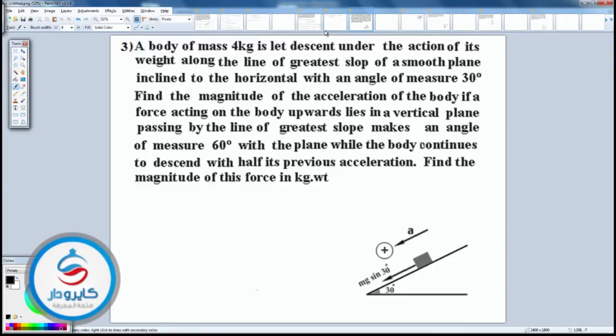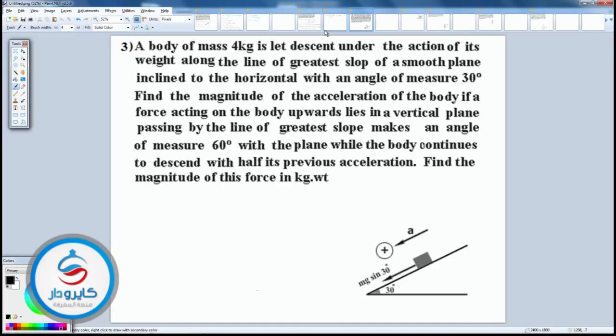Question number 3. A body of mass 4 kilogram is let descend under the action of its weight along the line of greatest slope of a smooth plane inclined to the horizontal with an angle of measure 30 degrees.